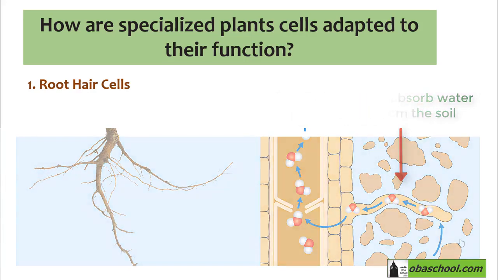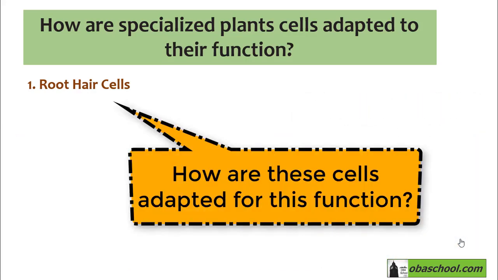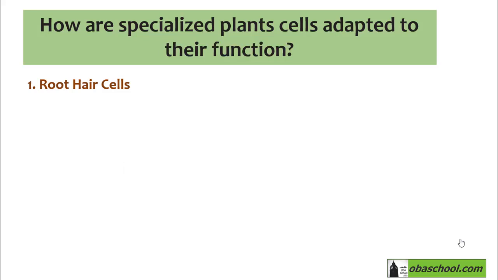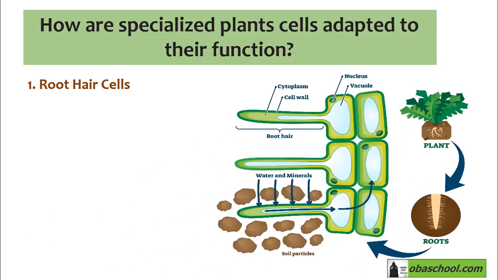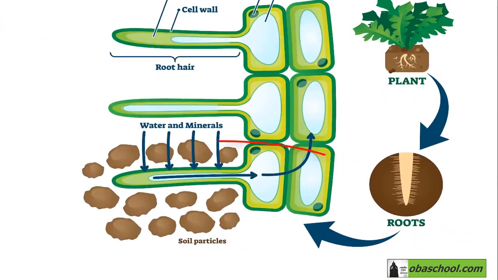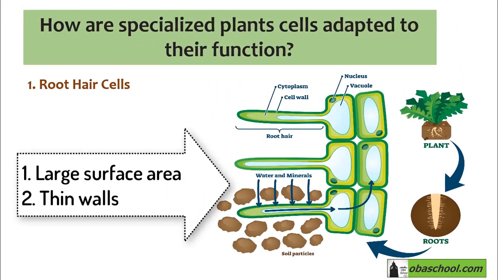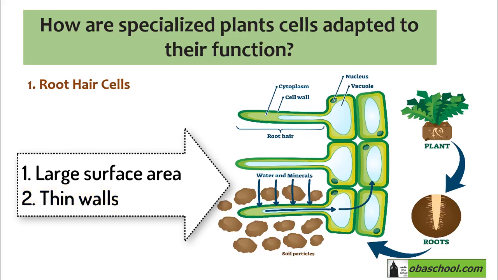But how are these cells adapted for this function? Root hair cells have a long extension that reaches out into the soil to increase the surface area for absorption. Moreover, root hairs have thin walls that allow molecules to penetrate easily.